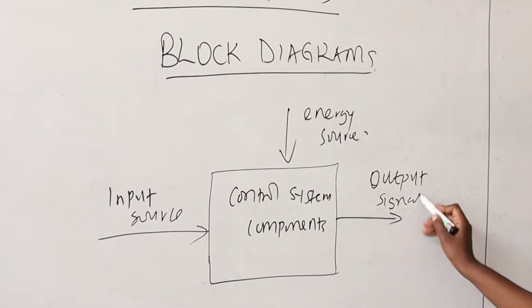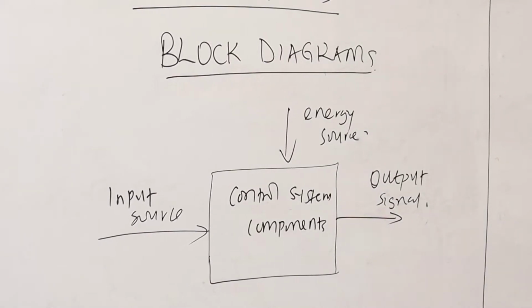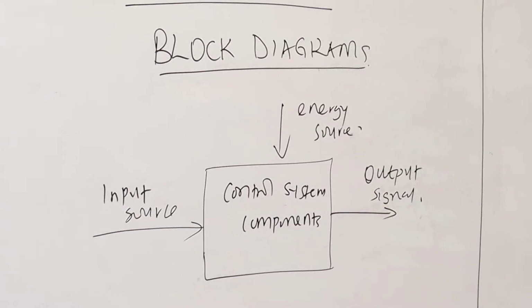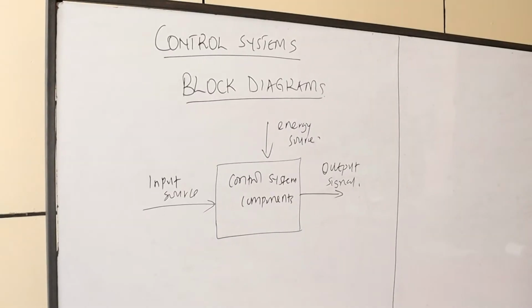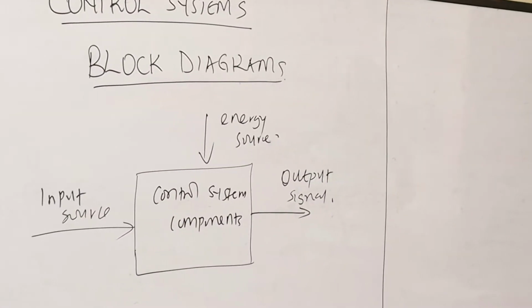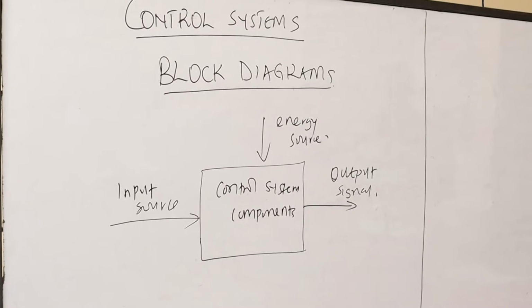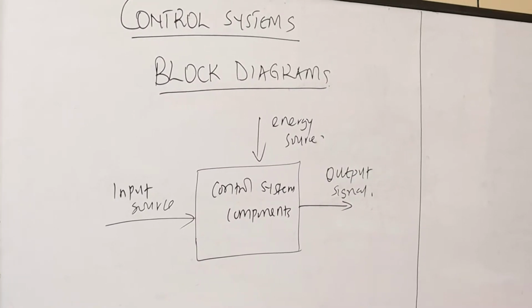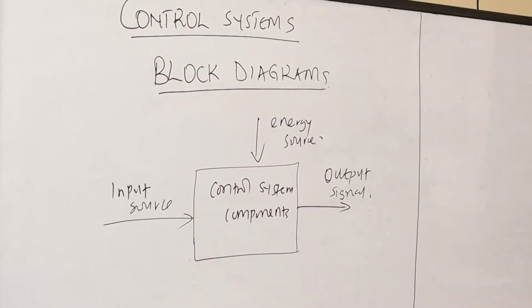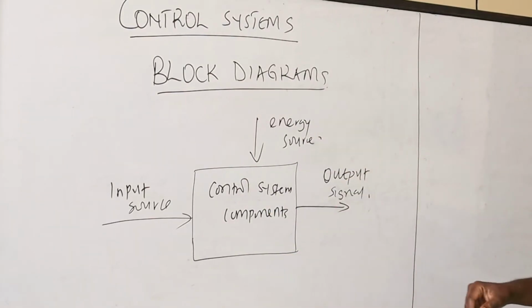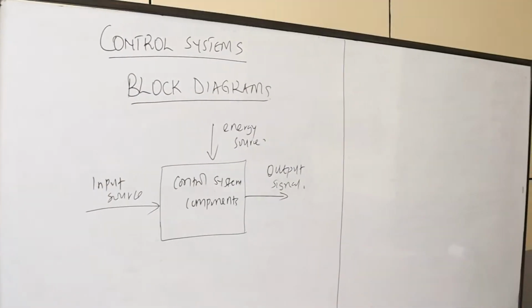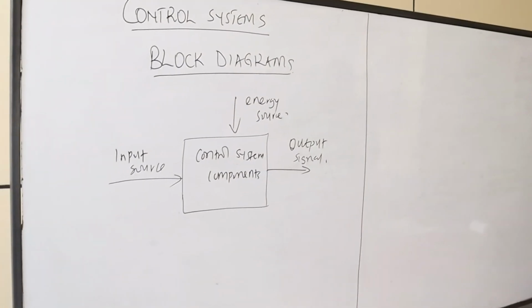That is why we were saying that it is a pictorial representation that is supposed to show a cause and effect relationship between the input and the output of a physical system. So after the input there are the control components that interact with the energy source in order to give the output signal.